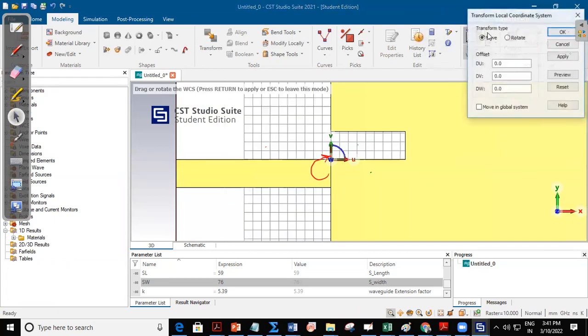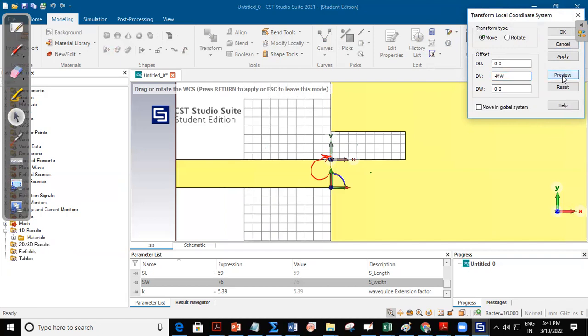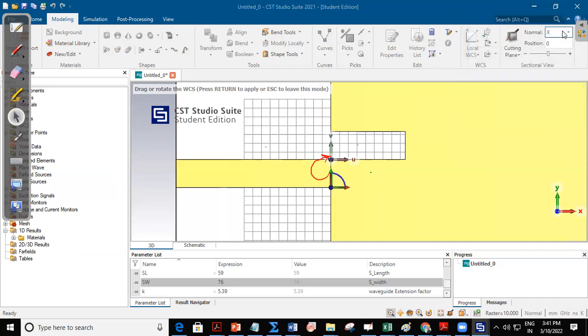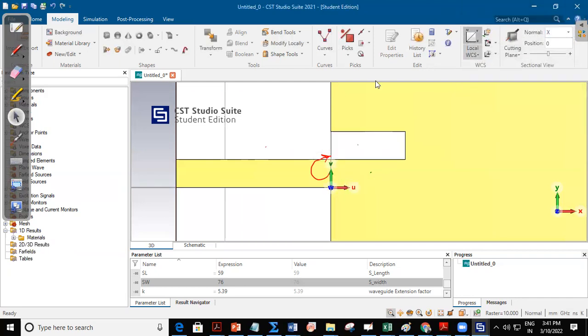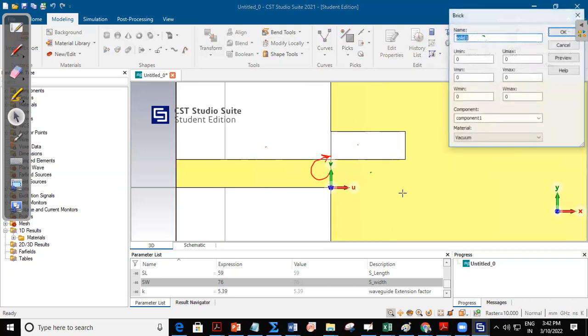So again go to Transform, move V in the minus MW direction. If we preview this, you can see the coordinate is moving correctly. Press OK, and again create a brick here with the same dimension. It is inset 2; it doesn't matter whatever name we keep, because we are going to remove this content.